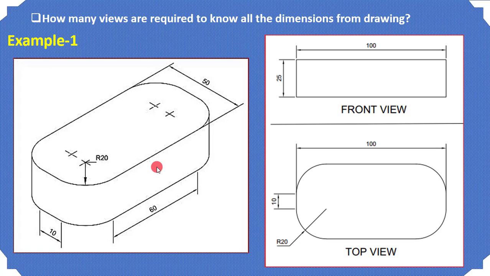We can easily see that the top views of both objects are different. So we can imagine that this front view and top view are of this kind of object, which has curvature at its four corners.